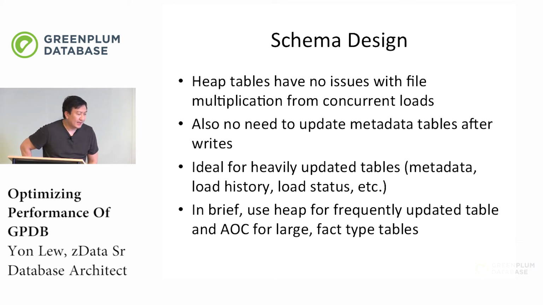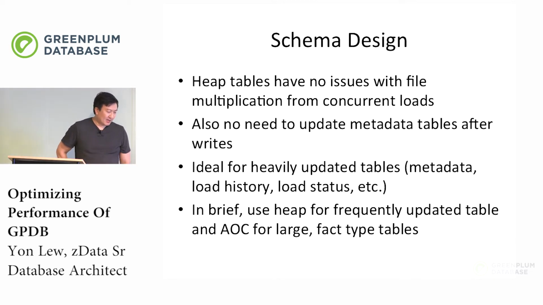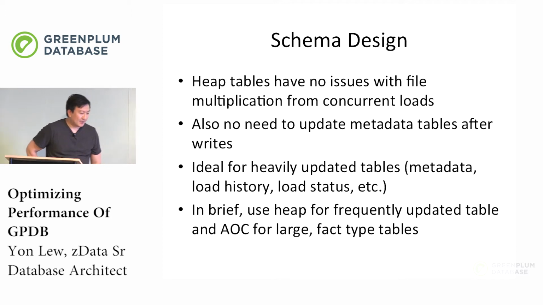So for that reason, it's ideal for heavily updated tables, such as metadata, load history, load status, etc. So in summary, our recommendation is to use heap for frequently updated tables, and only use append optimized columnar for large fact type tables that are loaded infrequently.